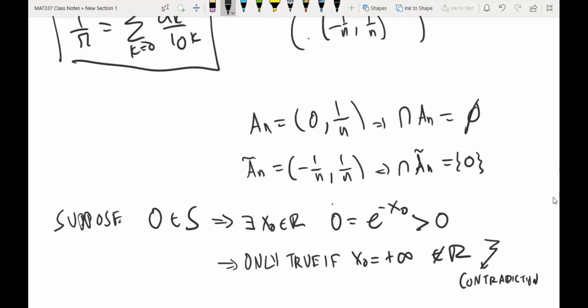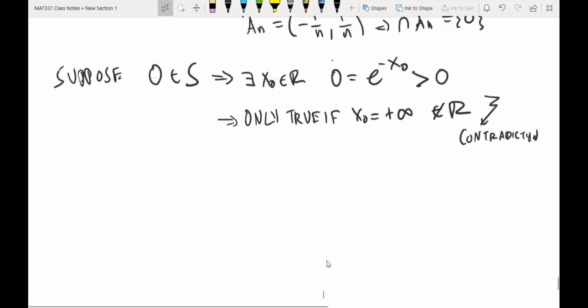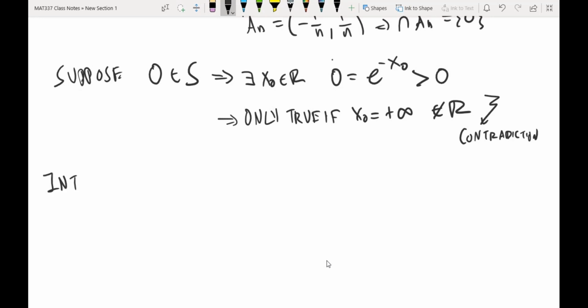Oh, I see, yeah. We haven't proved this yet. You're right, it's a little bit tricky. We will do this next week. It's called the intermediate value theorem. It says that e to the x is continuous.